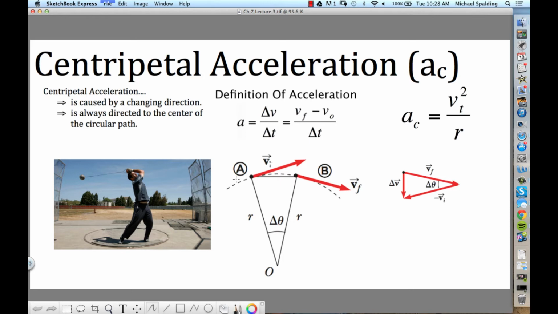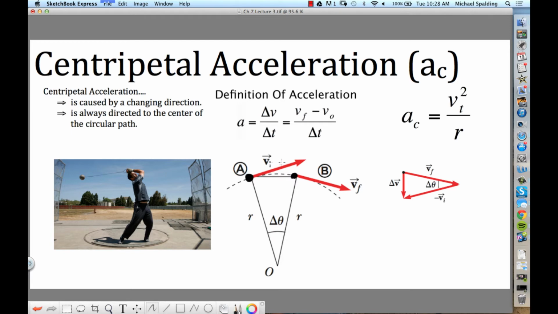So here we have a guy swinging this chunk of metal around. So let's say here's a diagram. This point right here represents the initial. This is the object at the initial point. And then a split second later, I'm talking like a millisecond later, the object's right there.